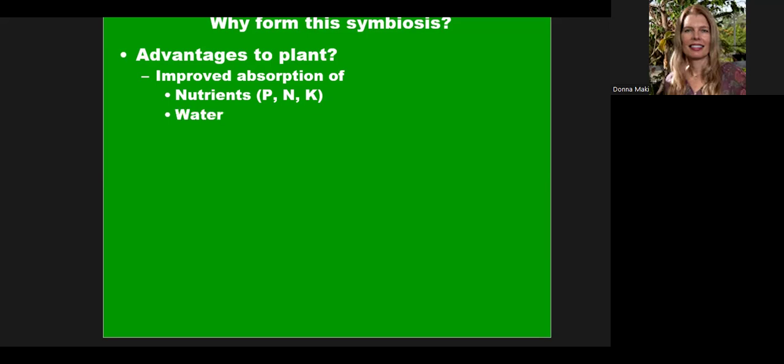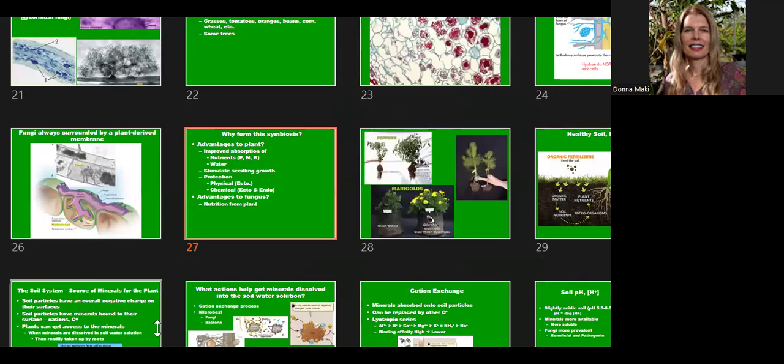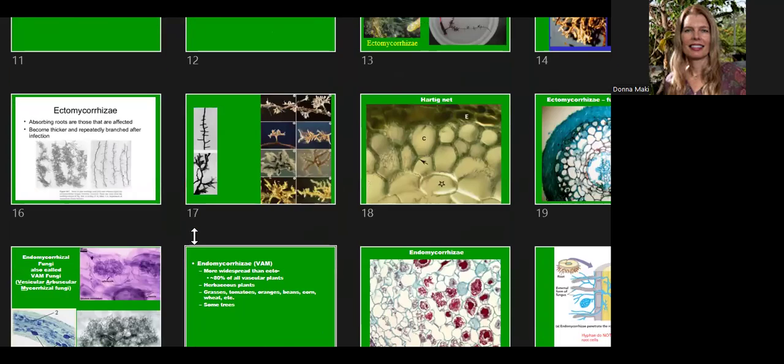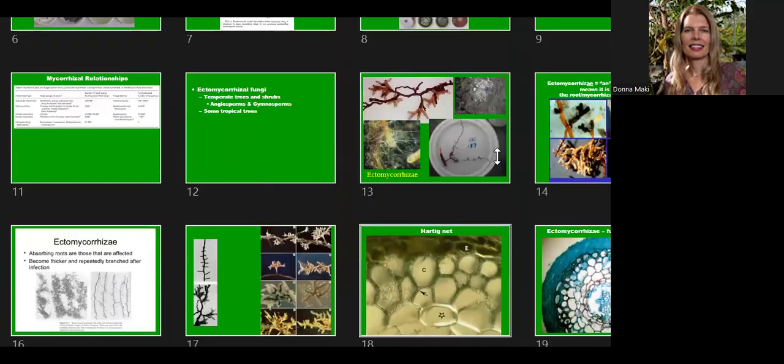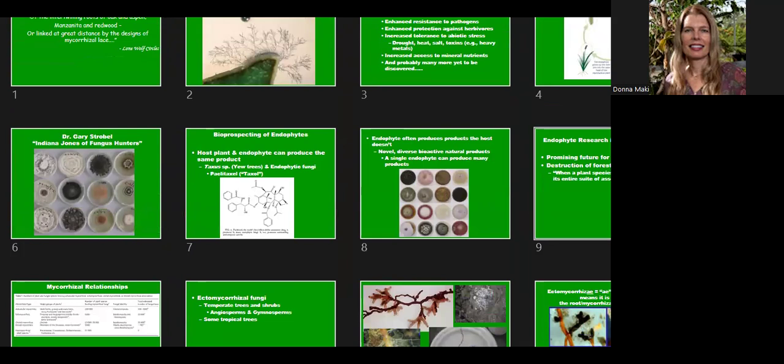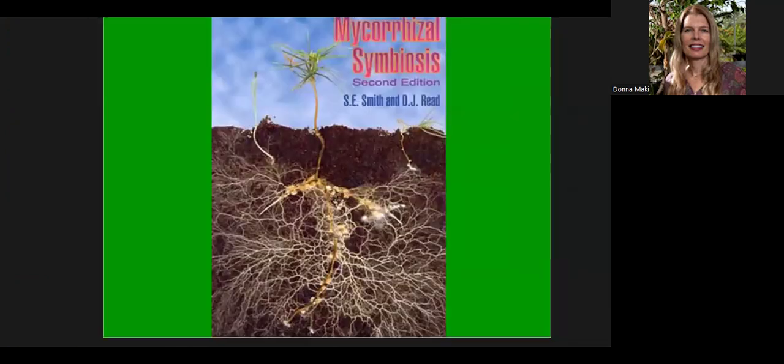Water uptake is tremendously improved with the presence of the fungi. If you think about all that fungal hyphae going out into the soil, and the idea that the fungal hyphae is very, very petite, much more narrow in diameter than even the finest roots.